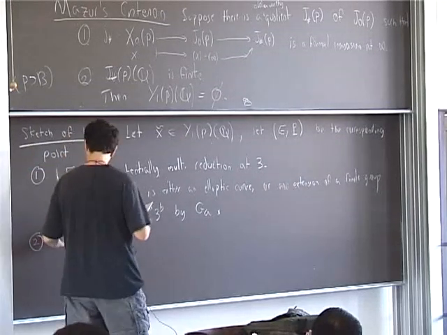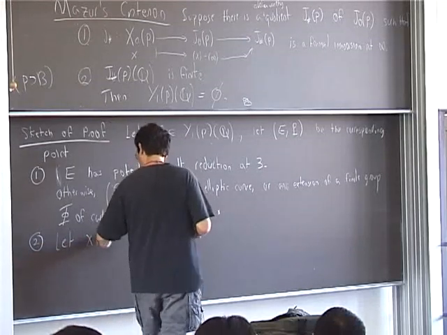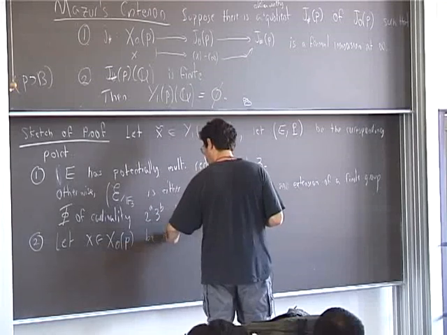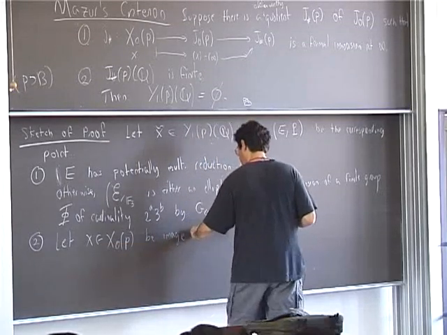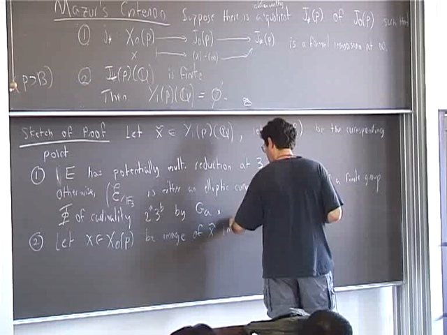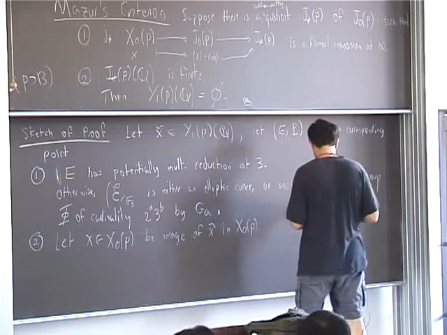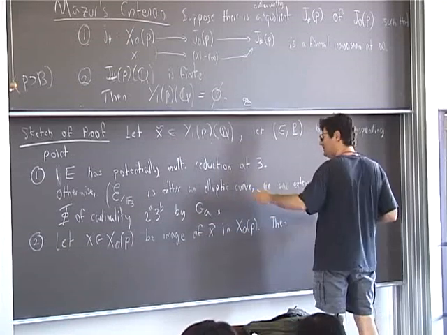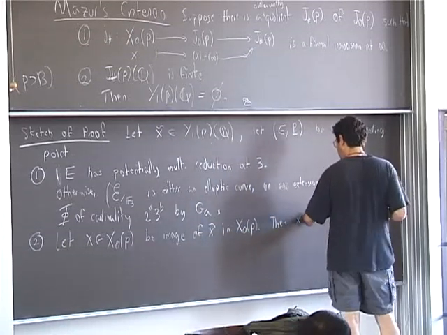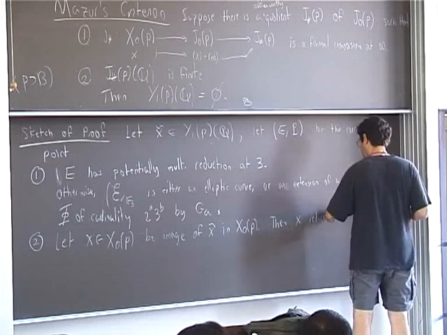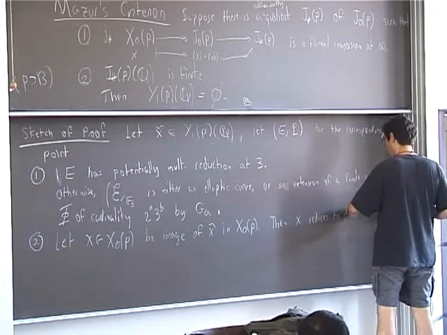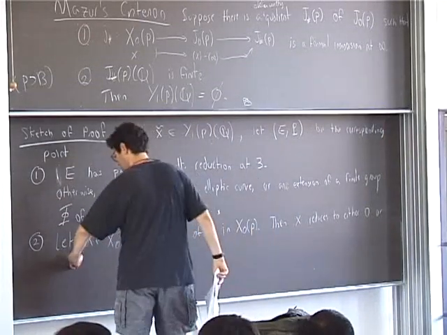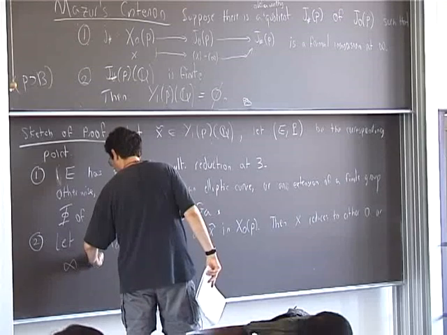But then the second step is to consider the image of this point x tilde in the curve X_0(p). So let x be the image of x tilde in the curve X_0(p). What this first part is saying geometrically is that x reduces to either the cusp 0 or the cusp infinity modulo 3.